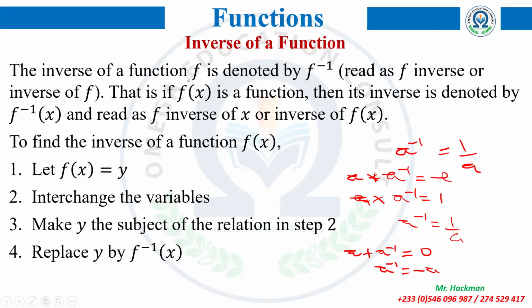So here, our quantity is f, which is a function. So the notation for f inverse will be f to the power negative 1. We don't read it as f to the power negative 1, you read it as f inverse, or inverse of f.